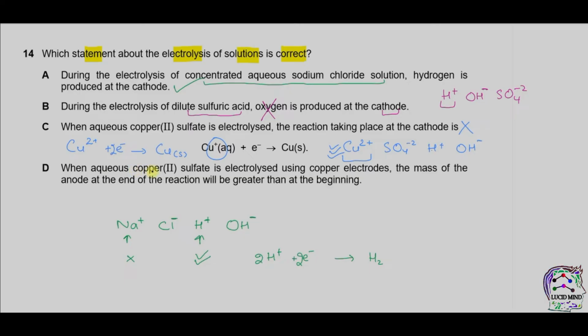Part D. When aqueous copper 2 sulfate is electrolyzed using copper electrodes, the mass of the anode at the end of reaction will be greater than at the beginning. Now you should always remember that anode always dissolves in the solution of its own ions.